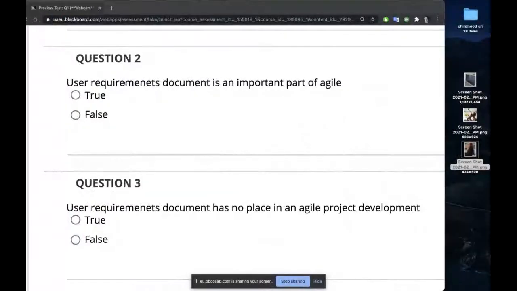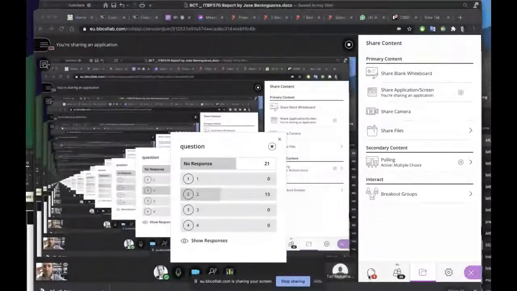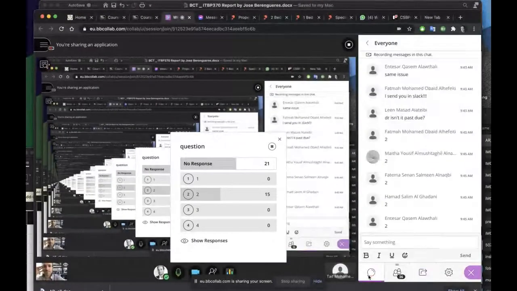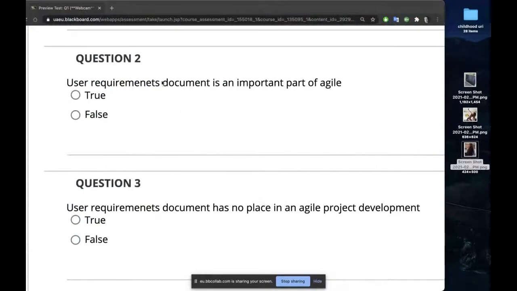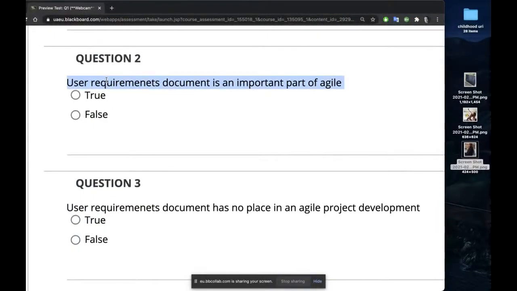User requirements document. Do you understand what a user requirement document is? A user requirement document is a document where you explain what the software will do, the functionality. I think you all know that.